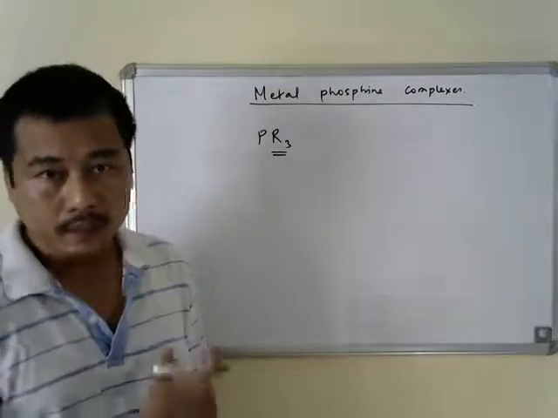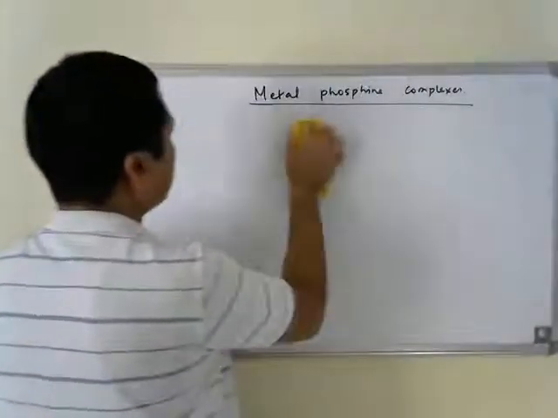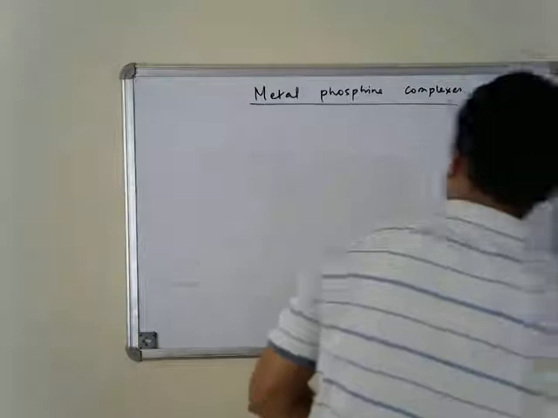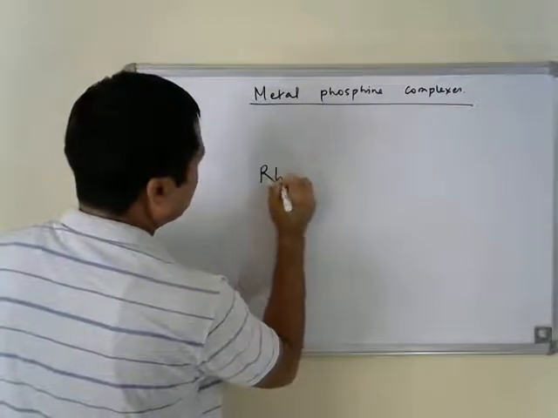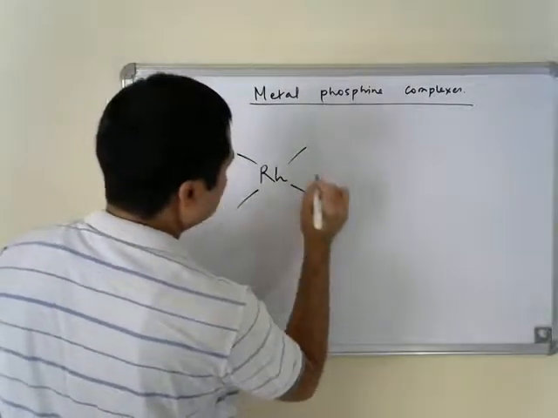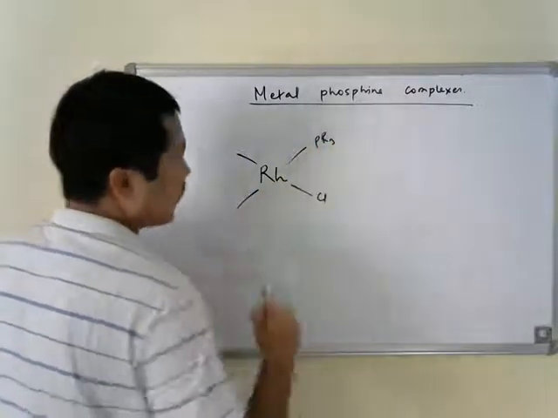important catalysts. We'll see two examples of metal phosphine complexes which are important catalysts. The first example that we can see is the rhodium phosphine complex, that is triphenyl phosphine.